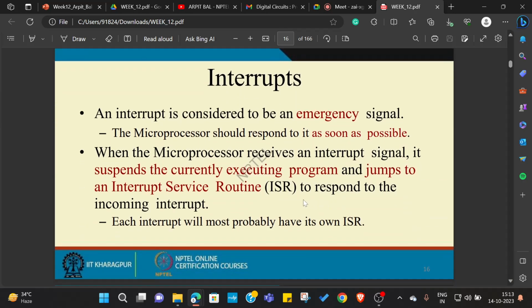Okay, and whenever the microprocessor receives an interrupt signal, it suspends whatever program it is currently executing, and it jumps to the interrupt service routine to respond to whatever interrupt is received.